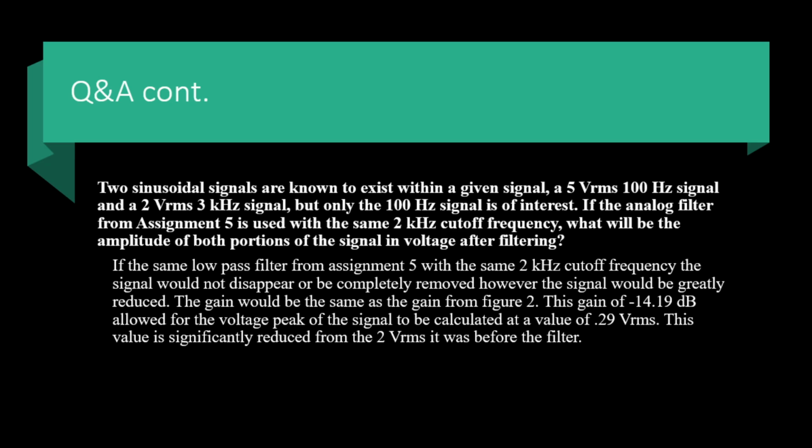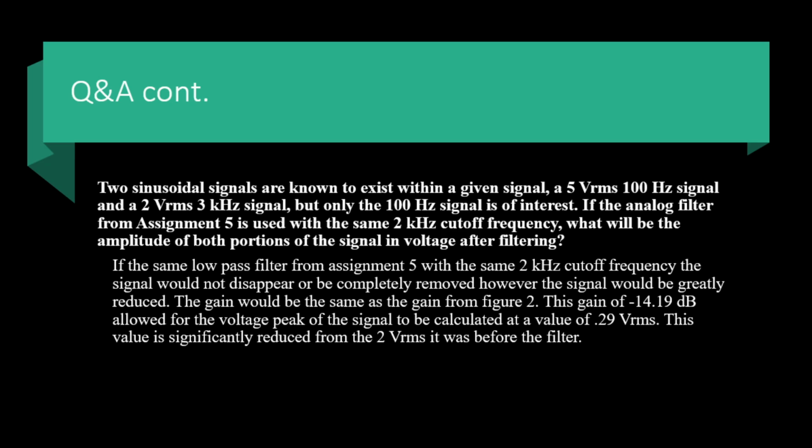The 2 sinusoidal signals that were shown, if they were passed with the same filter from assignment 5 with the same 2 kilohertz cutoff frequency, the signal would not disappear completely or be removed. However, it would be greatly reduced because the filter cannot completely eliminate all the signal.